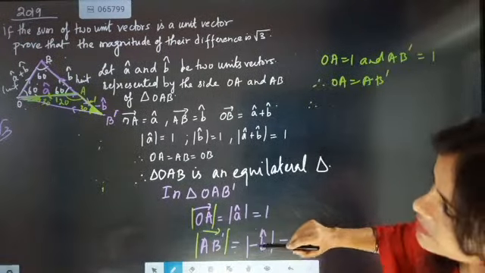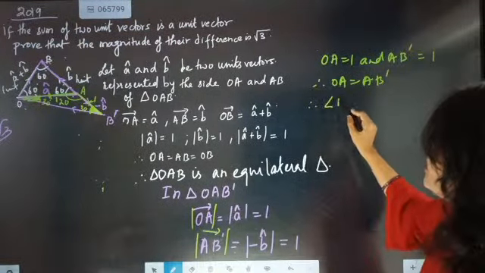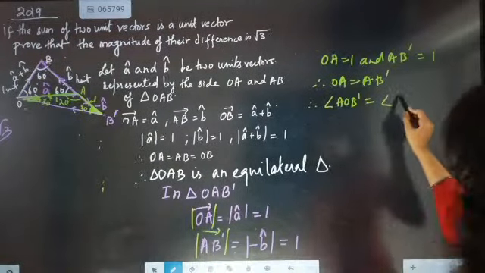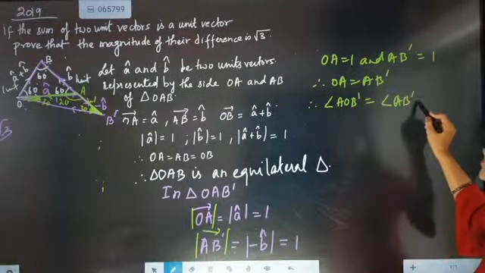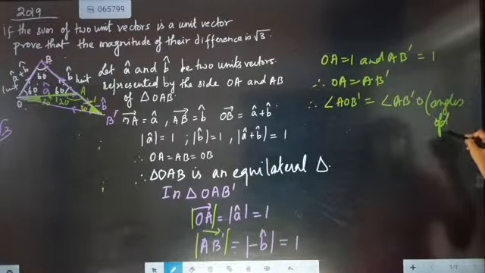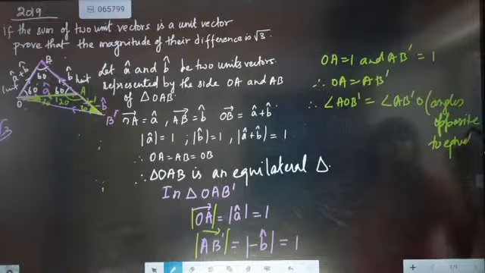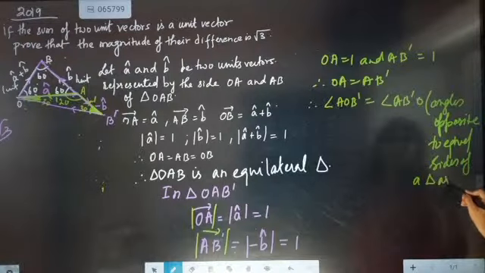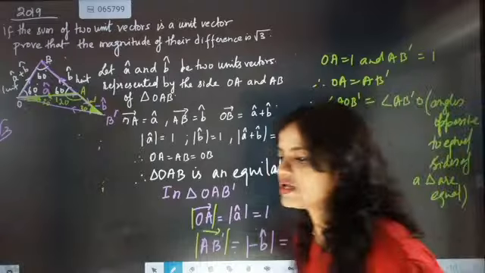Therefore angle AOB dash will be equal to angle AB dash O. Why? Angles opposite to equal sides of a triangle are equal. So now beta, angles opposite to equal sides of a triangle are equal.